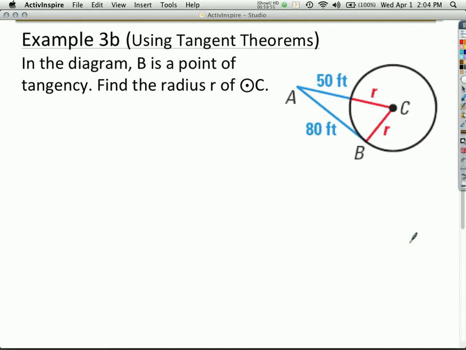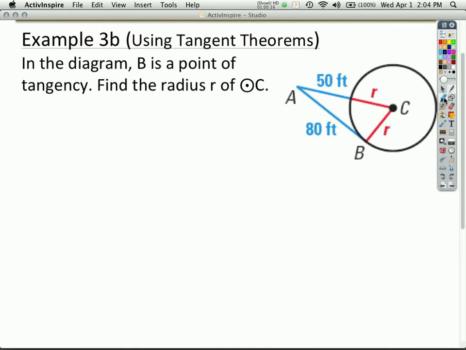So we're asked to find the radius. And you can see in the diagram, it's missing. But you can also see that this line here is forming a triangle. We're also told this time that point B is a point of tangency.